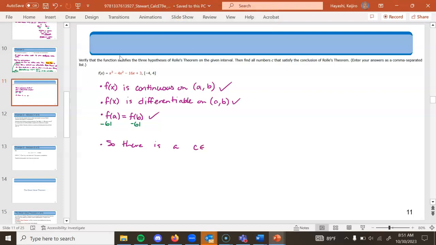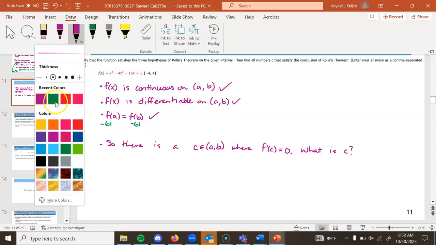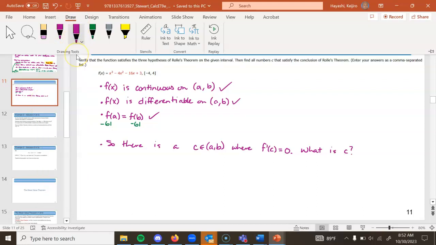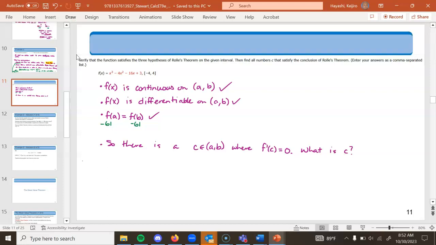So there's a C somewhere in the interval A to B, where f prime at C is equal to 0. Then what is C? Although we have to prove its existence, eventually it just becomes sort of finding a horizontal tangent line, the same as one of those problems.